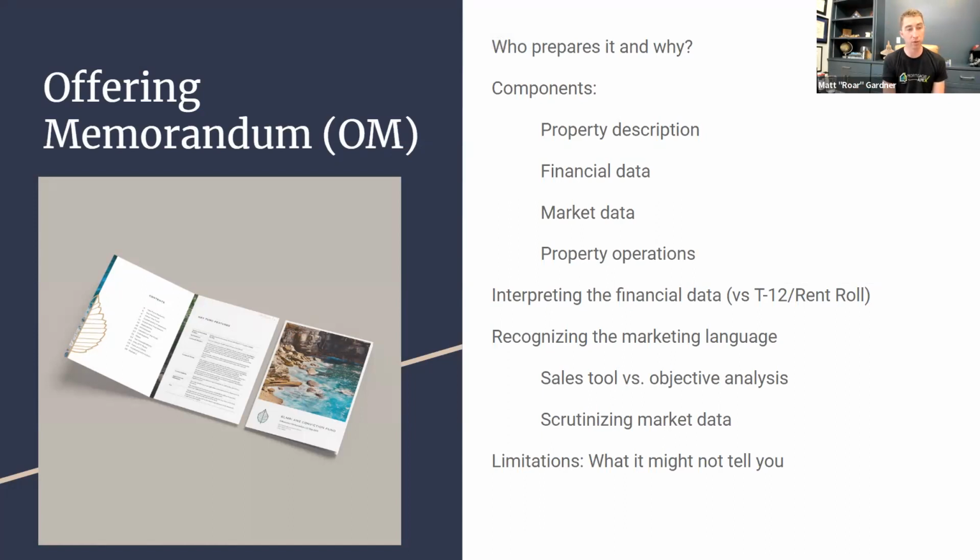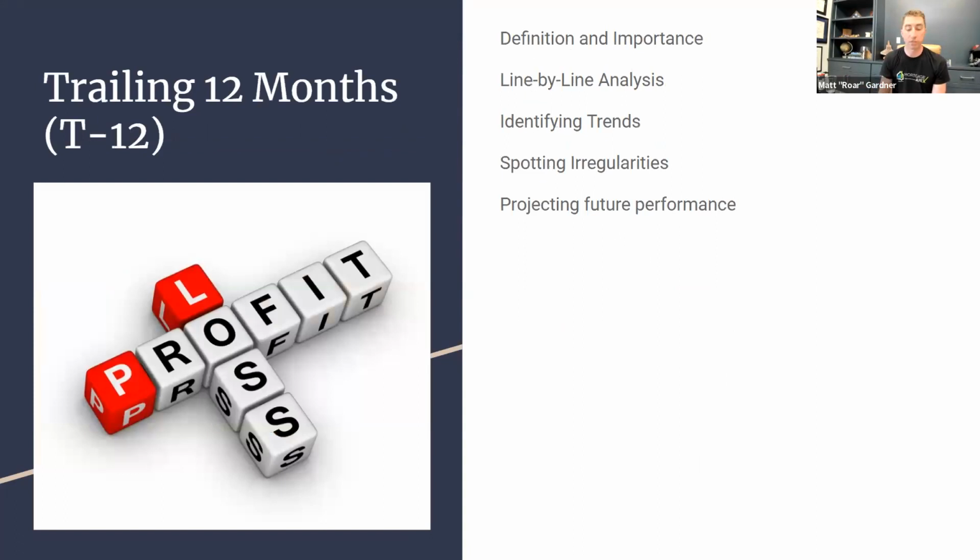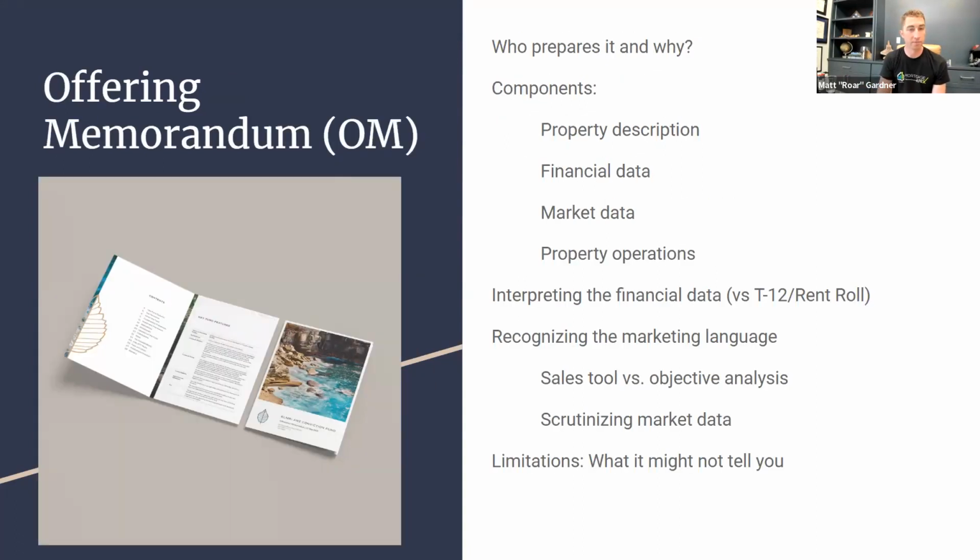If we're going to jump into the weeds, we're dedicating a good hour or two between the offering memorandum, the T12 and the rent roll and whatever additional documents we have, and putting it all together. Like one to two hours at a minimum, and that's just the baseline analysis of a deal. That's just analyzing the documents before we actually start to create our own pro forma. So from a time perspective, just cage that in your brain of where you stand. Any questions on offering memorandums before we move on, guys?